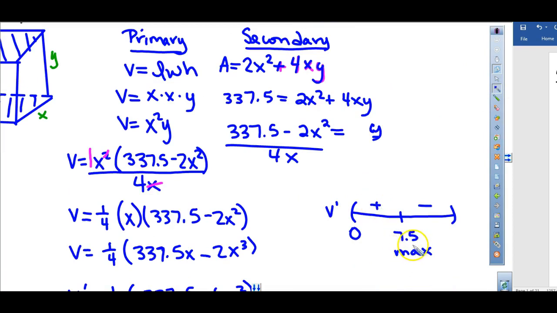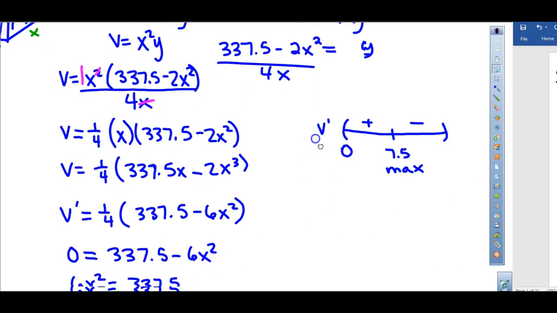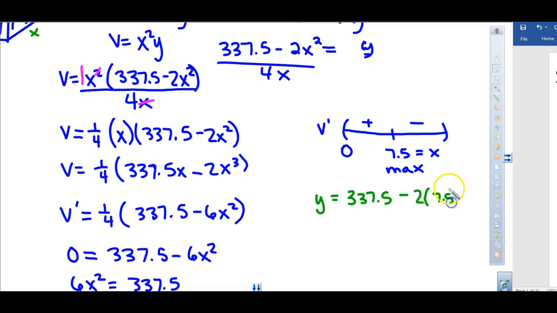So if this is my x, then I can just plug that back into this formula right here to figure out the y. Okay, and that tells me that that is also 7.5.